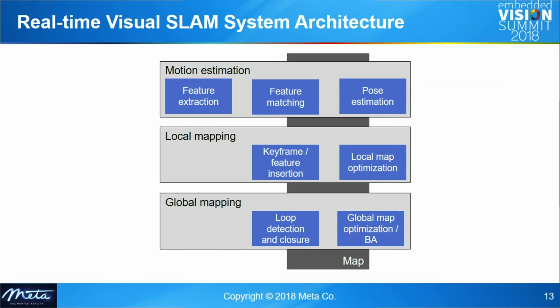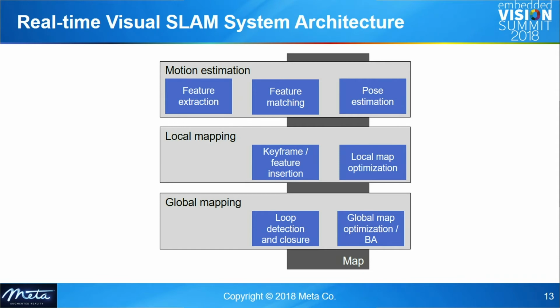Because of that, we can't optimize the whole map all the time, so we do it only locally for what we are seeing right now or have just recently seen. And lastly, we also need to do global map optimizations to solve for global drift, or if we find loops in the map, meaning that we come back to a location we have already been. This is the third main component of a typical visual SLAM system.